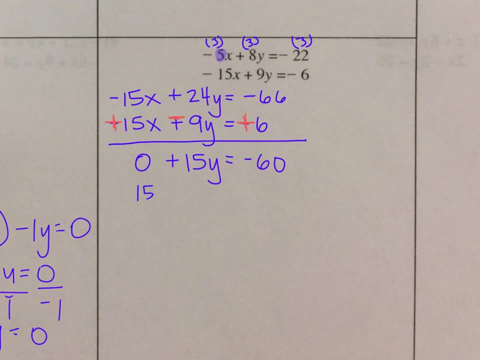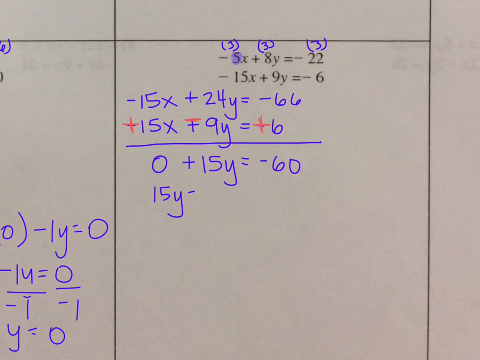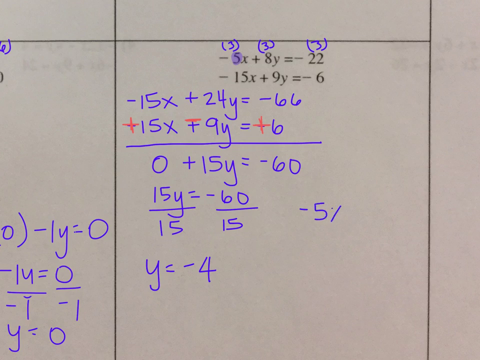So I've got 15y equals negative 60. Divide both sides by 15. So y is going to equal negative 4. Now I'm going to plug it in up top. Negative 5x plus 8 times negative 4 equals negative 22.